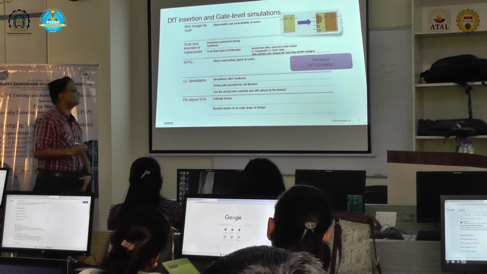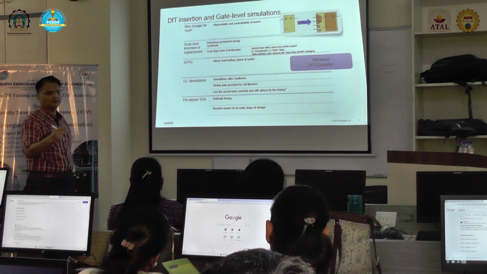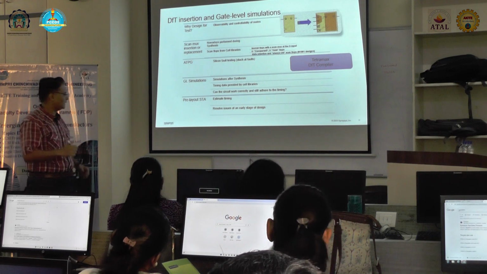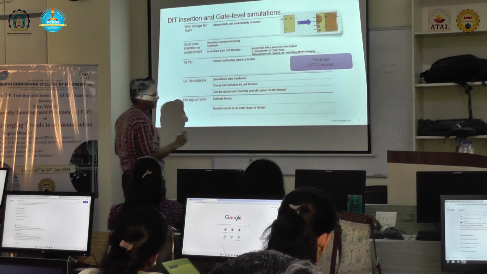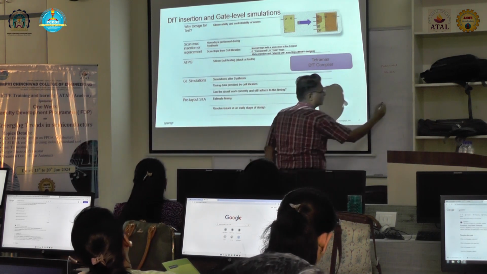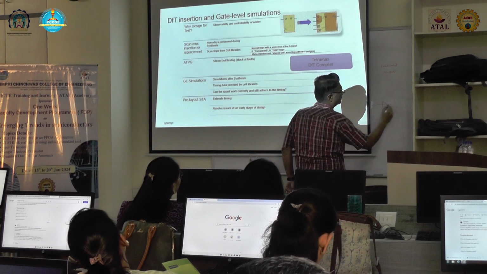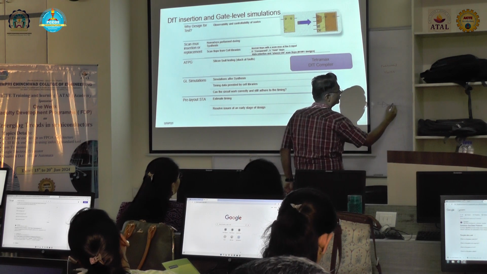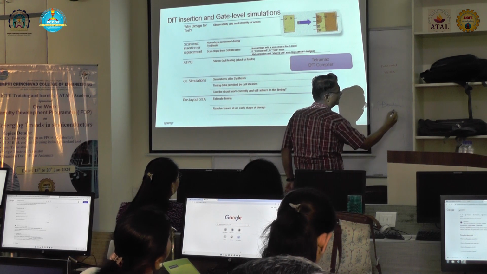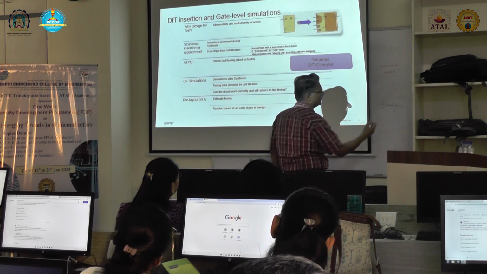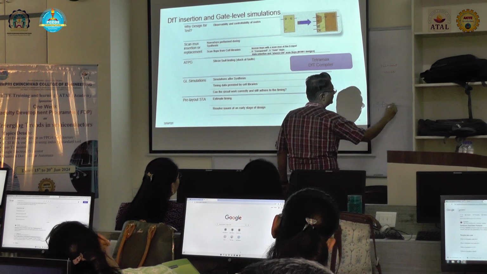Silicon fault testing is nothing but, as I was saying, take a NOT gate. When you put a 0, you get a 1. When you put a 1, you get a 0. But let us say in both the cases I am getting 0.